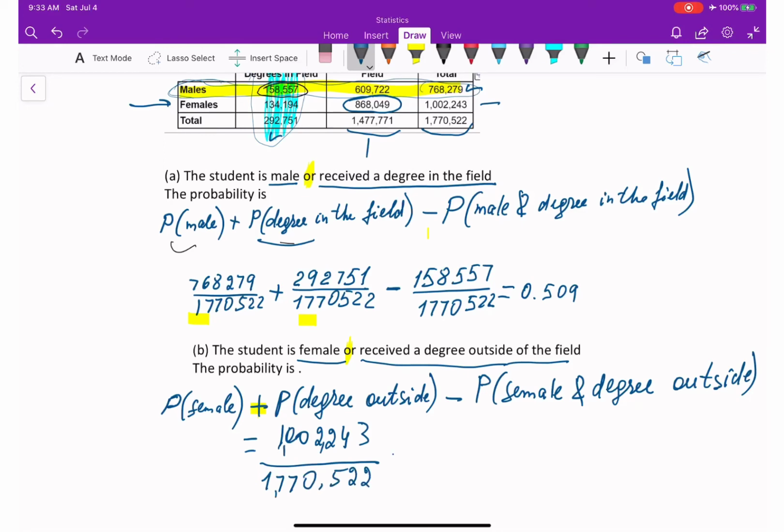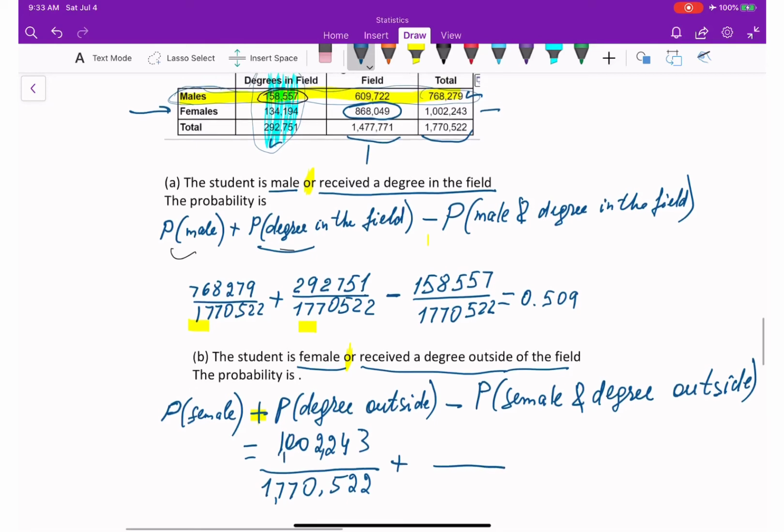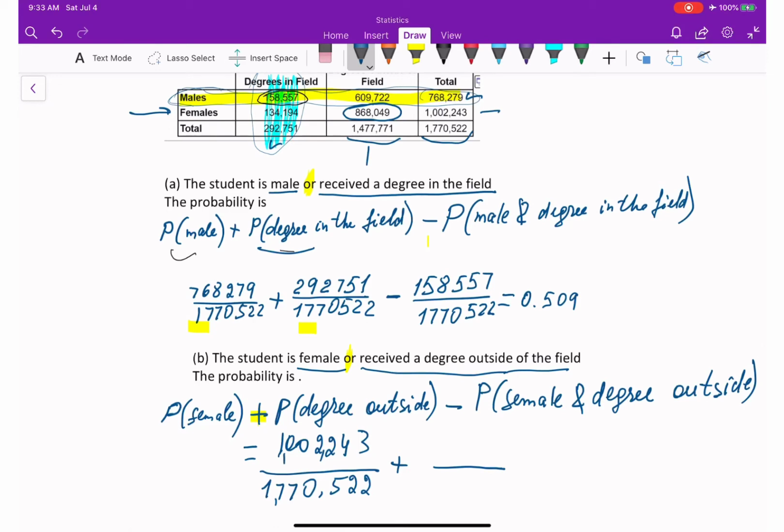Next, plus degree outside, which is going to be 1477771 out of 1770522, and minus repetition, the duplicate 868049 over 1770522.